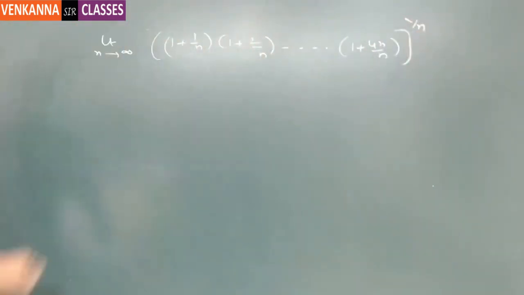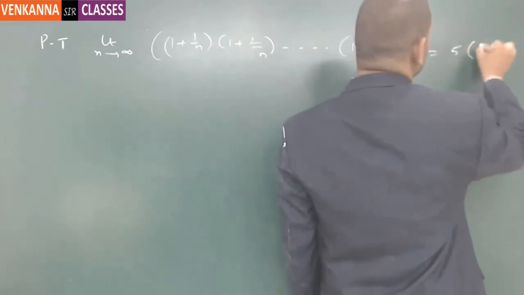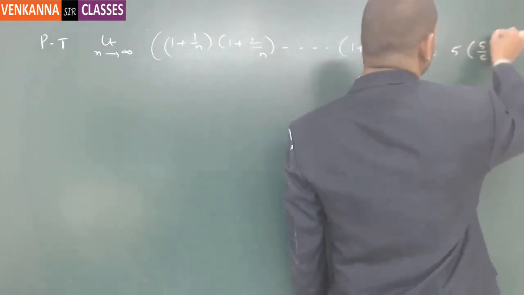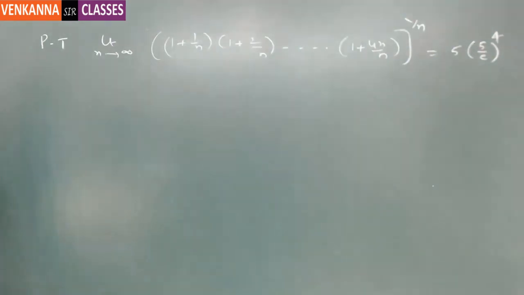And the solution is also given that prove that this value is equivalent to 5 into 5 by e whole power 4. Please take a note of the problem. Is it noted?